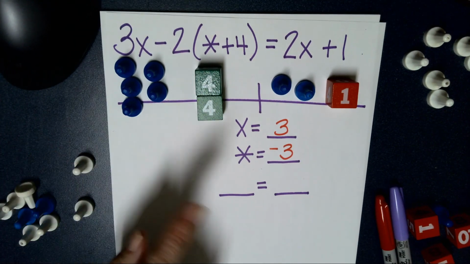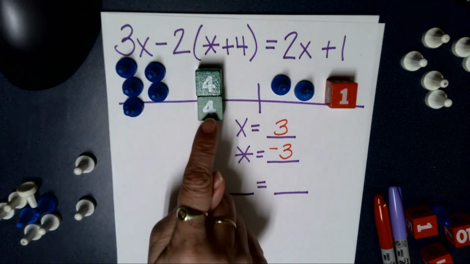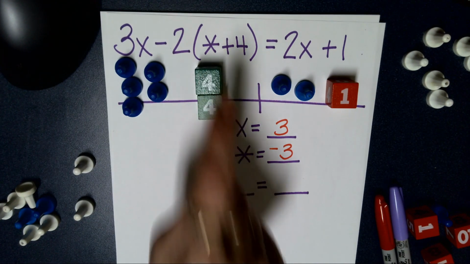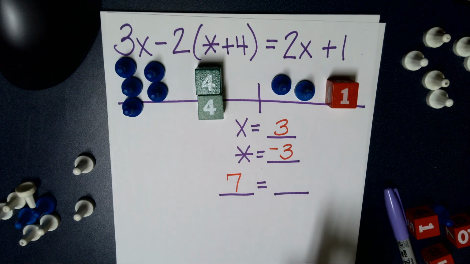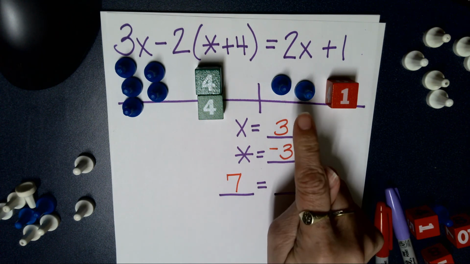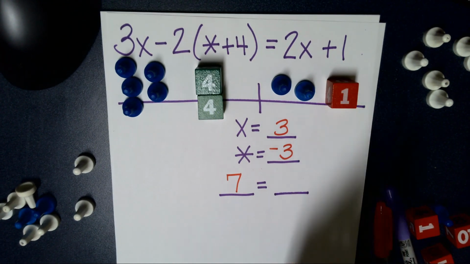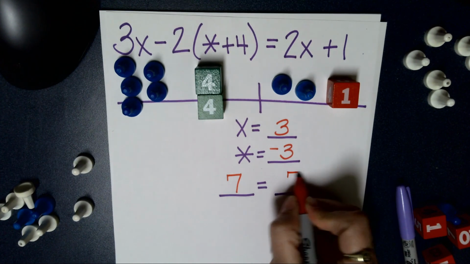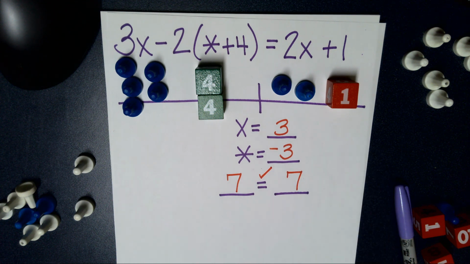So our pawns are worth 3. 3, 6, 9, 12, 15. 15 minus 4 is 11. 11 minus 4 is 7. So I get a 7 for this left-hand side. The pawns are 3, so 3 plus 3 is 6, and 6 plus 1 is 7. 7 does equal 7, so that is a check. I did the problem correctly.